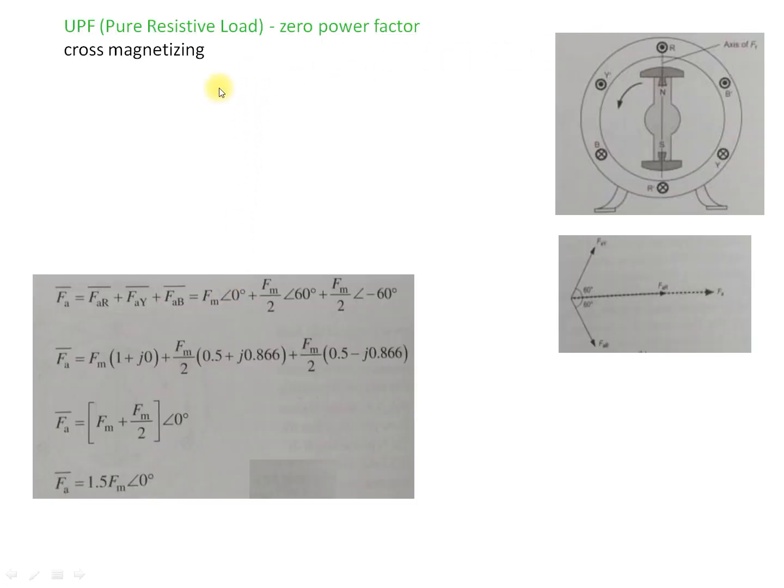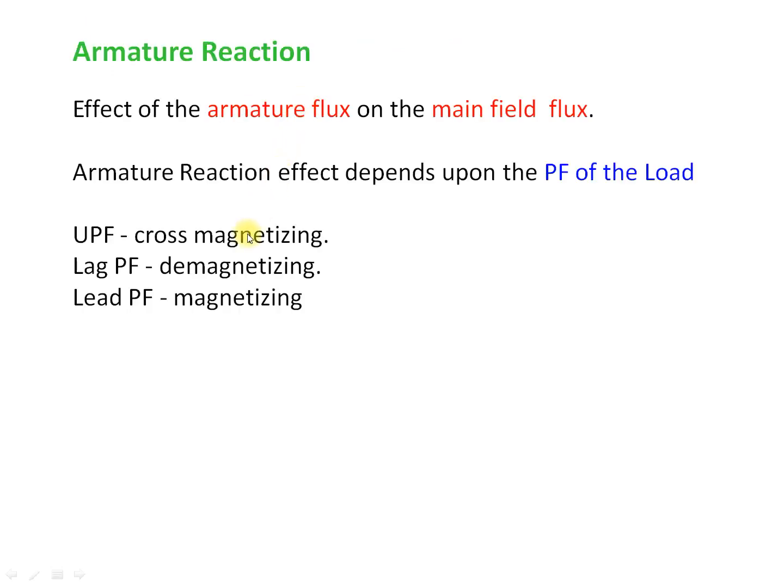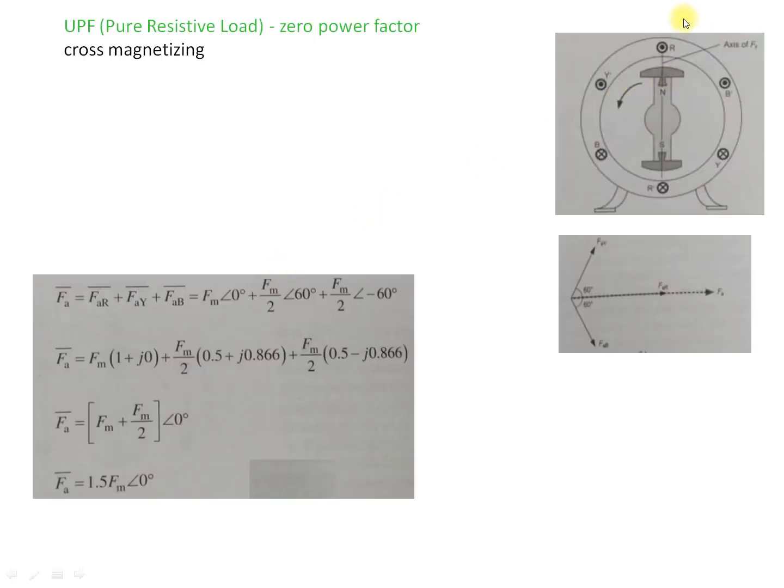First of all, before going into how the armature and the field MMF will be cross magnetizing, demagnetizing or magnetizing in nature, we need to see the internal physics of this particular machine.